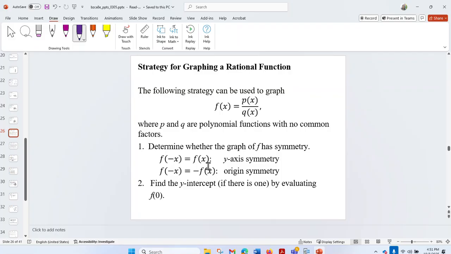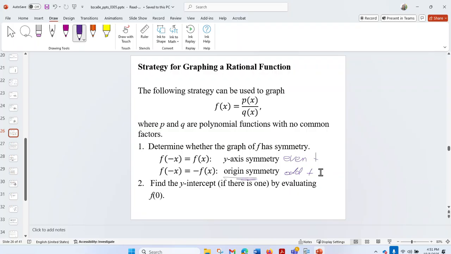If you have f of negative x equal to f of x, this is the y-axis symmetry, which is an even function. If you have f of negative x equal to the negative of f of x, this is an odd function. This one is an even function, right? And this one is symmetric with the origin, okay?